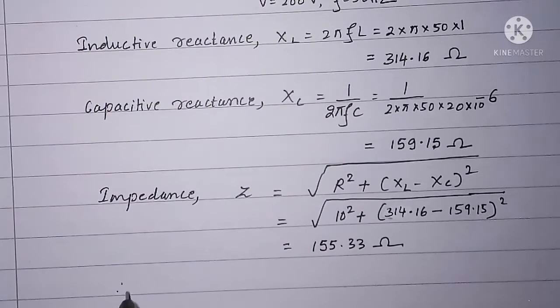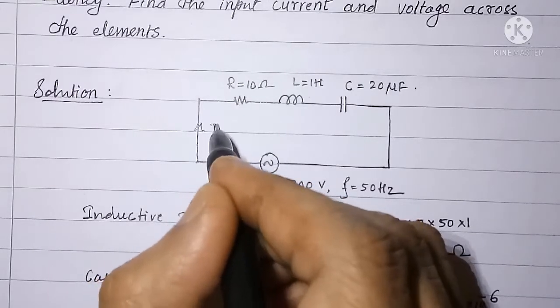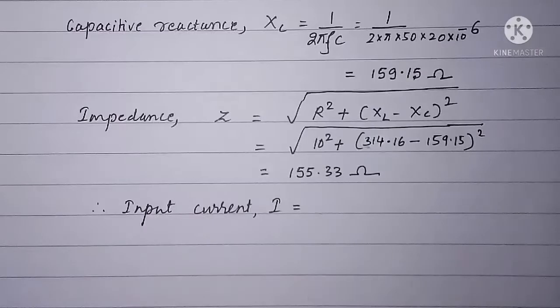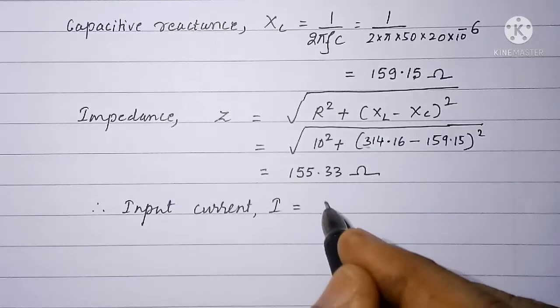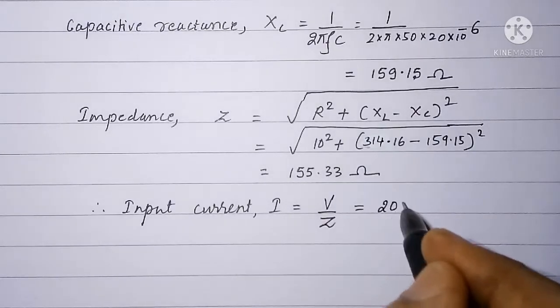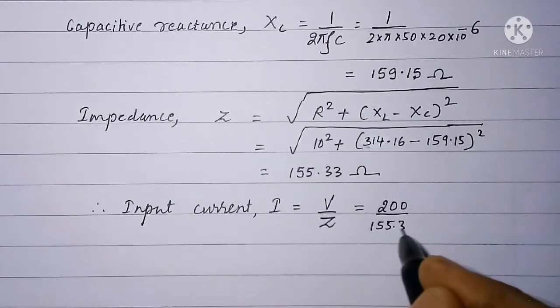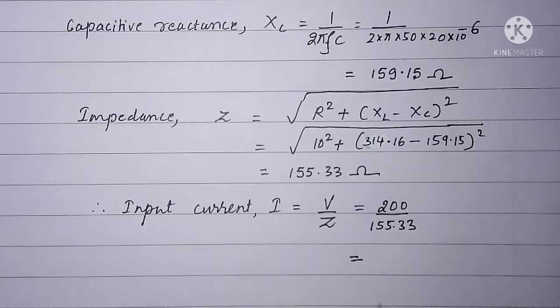Therefore, input current or supply current, which can be shown in this circuit here as I is equal to V by Z, that is 200 divided by 155.33 ohms.